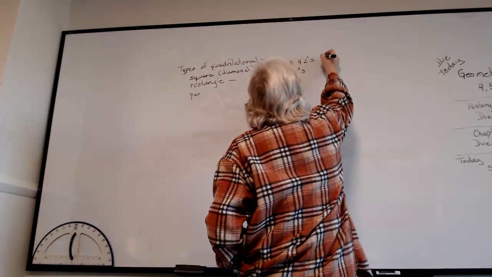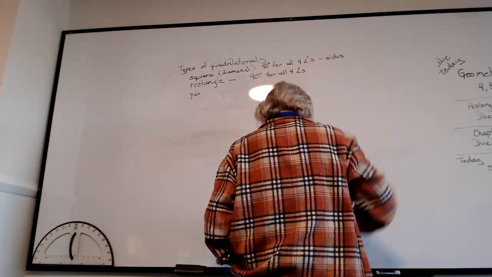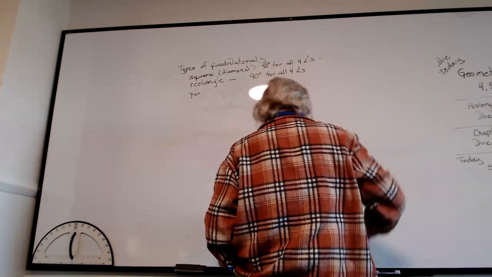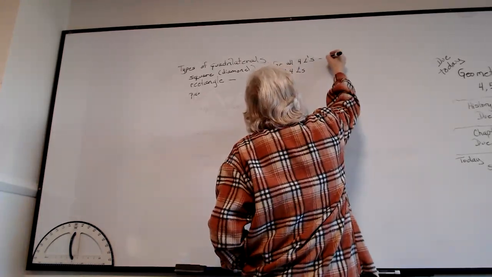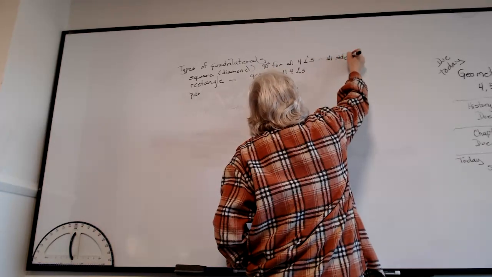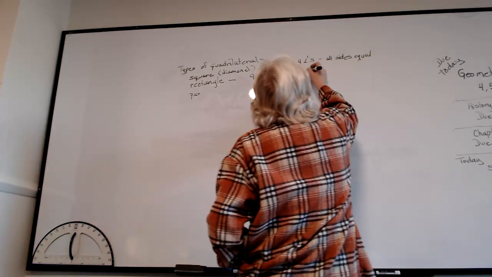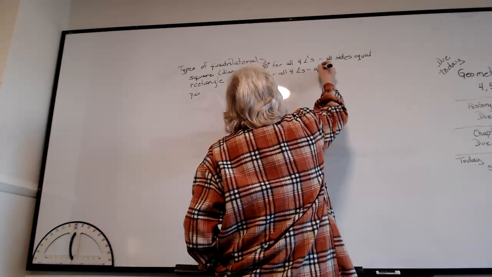These have all sides equal, like an equilateral triangle, a square is. Up here, opposite sides are equal.